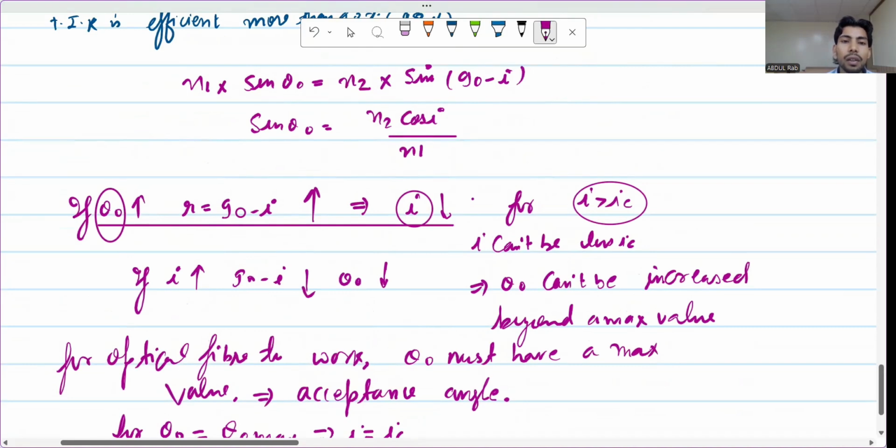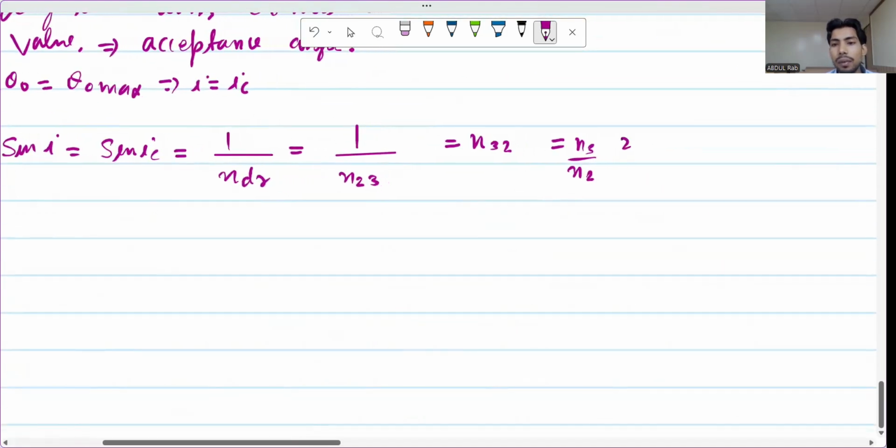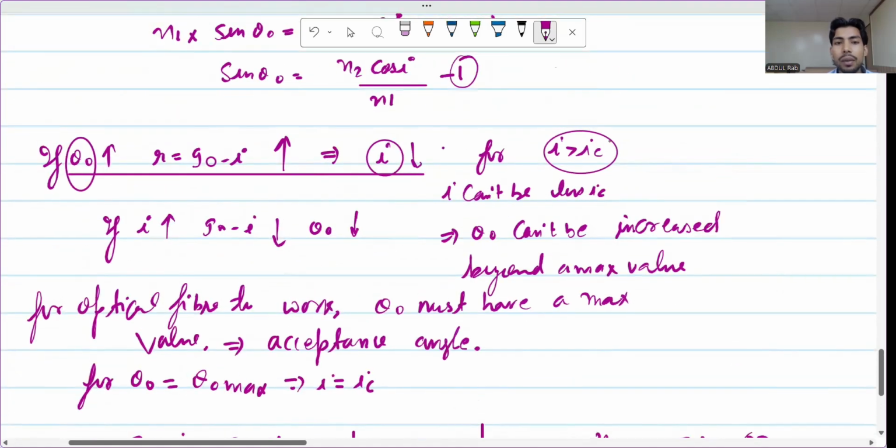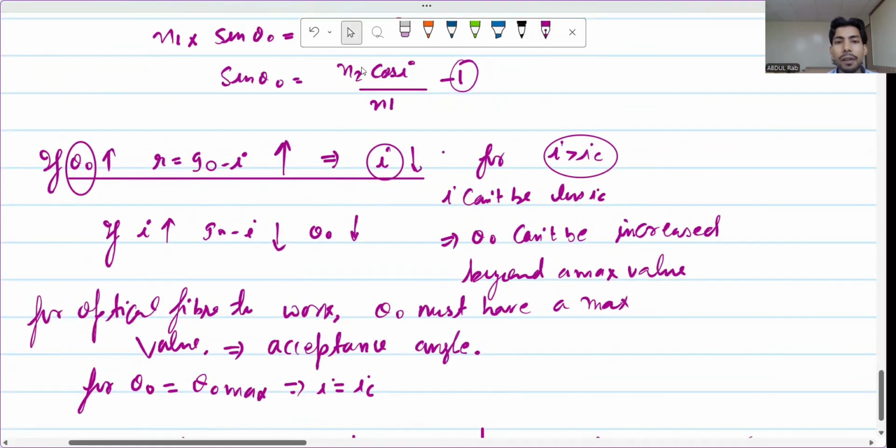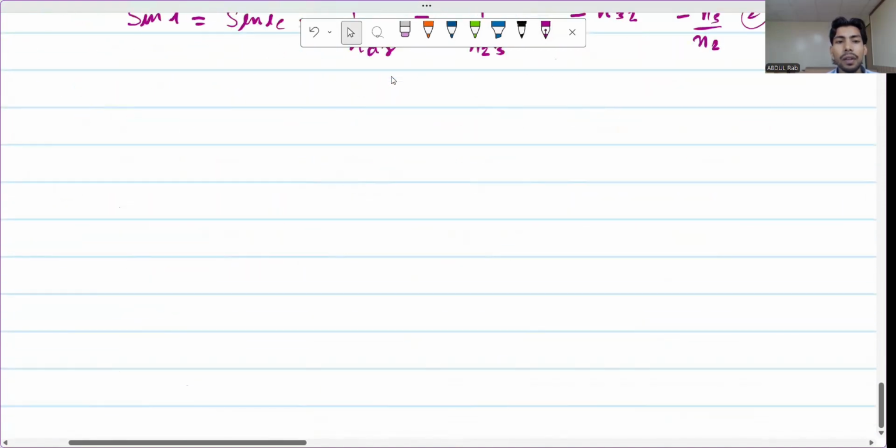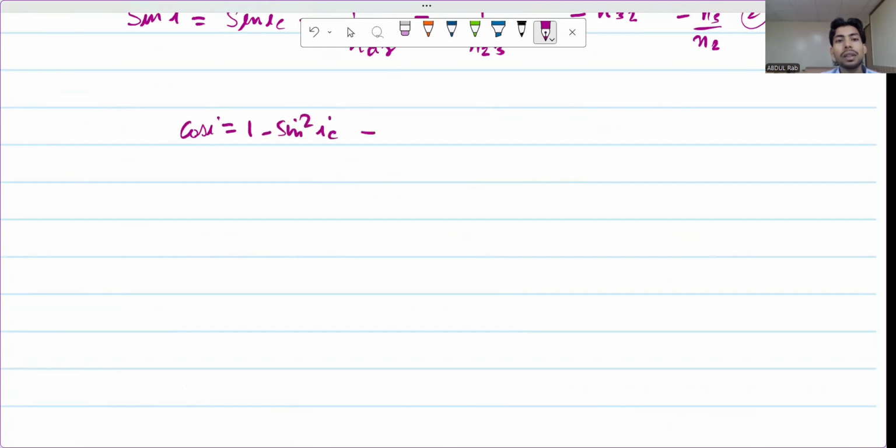Now you need to find the value of theta naught. You can keep the value of sine I in this expression and get the value of theta naught. Let me write this as equation 1 and this one as equation 2. If sine I is N3 by N2, you can see in this expression we have cos I instead of sine I. So how will I find cos I? Cos I will be equal to root of 1 minus sine square I, or sine square IC.